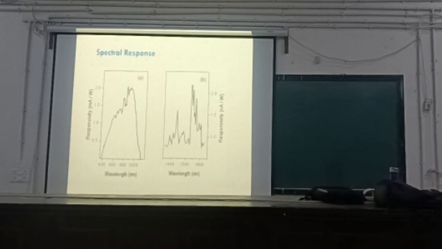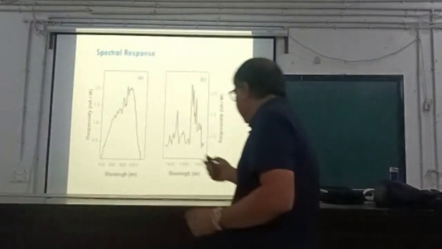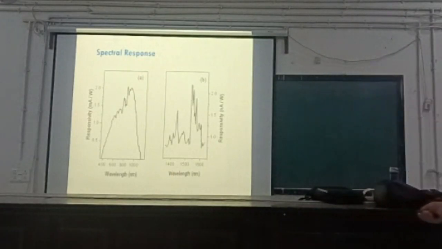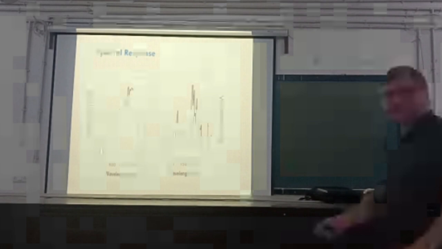Normally if you have bulk silicon and incident wavelength more than 1100, you don't expect any current, right? But here in this sample, look at this, you get a little current because of the surface states. It's a reverse current, I mean the photocurrent.